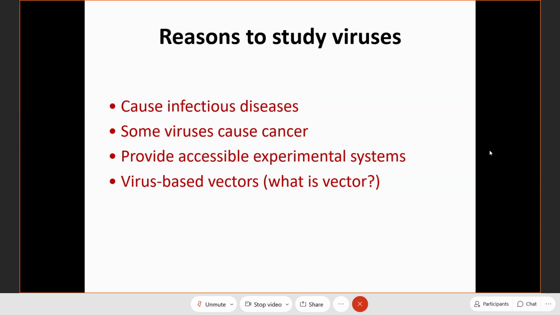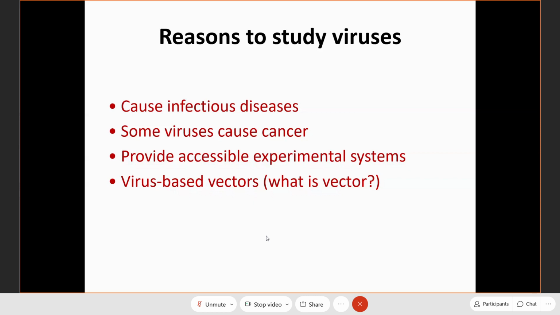So let me ask you, what is the size of the virus in general? What is the size of coronavirus? About 120 nanometers. The size of viruses actually ranges from maybe 300 nanometers down to 10 or 15 nanometers.